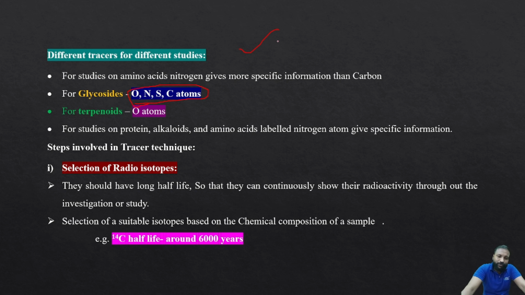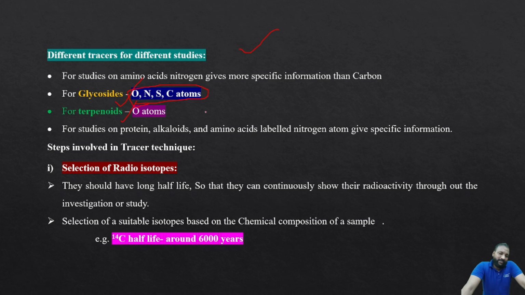Simply, they'll give you an option: which one of the following tracers or radioactive isotopes is suitable for glycoside or terpenoid investigation. They'll ask about a specific secondary metabolite and give options like oxygen, nitrogen, and chlorine.